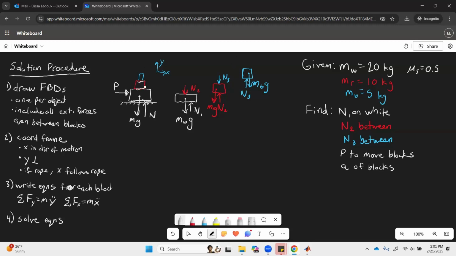So the blue and the red block are not going to be moving separately. The blue and the red for sure will stay together because there are no sideways forces pointing on those two. The white block may or may not move with the other two. It depends on how much the friction is compared to the weight of the blocks and compared to the force P. Somebody could push so hard on P, like say you hit the white block with a baseball bat.